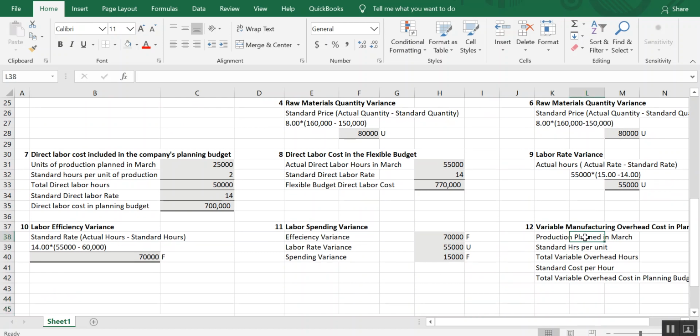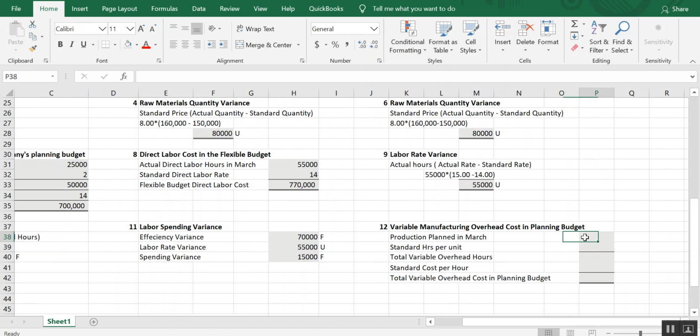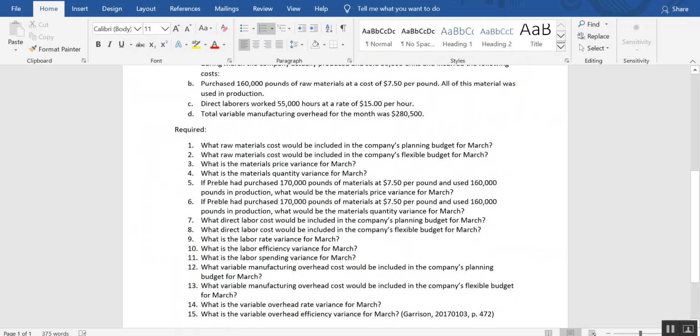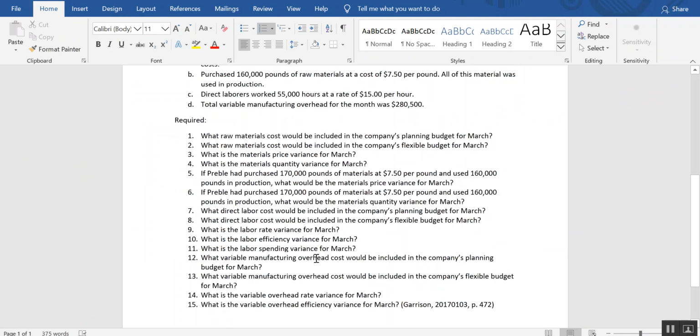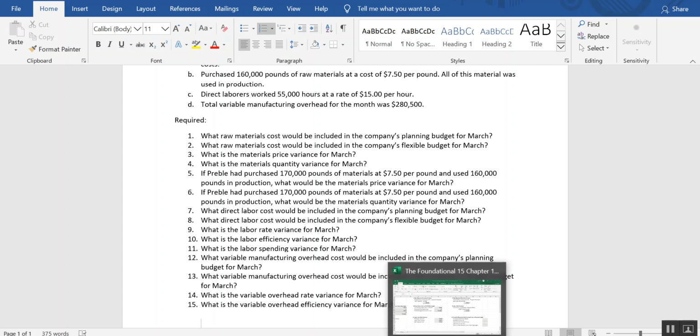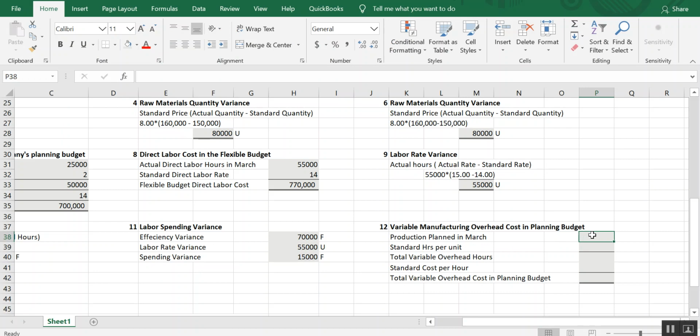Okay, so let's take a look then at number 12, which is going to be the variable manufacturing overhead cost in the planning budget. So we go down here to number 12. They say, what is the variable manufacturing overhead cost that would be included in the company's planning budget for March? All of this is going to be based on the standard.